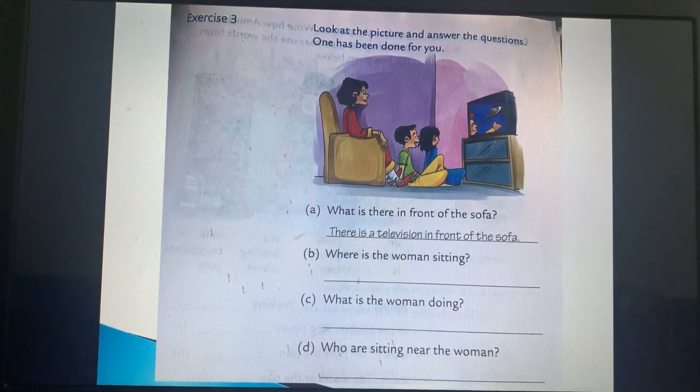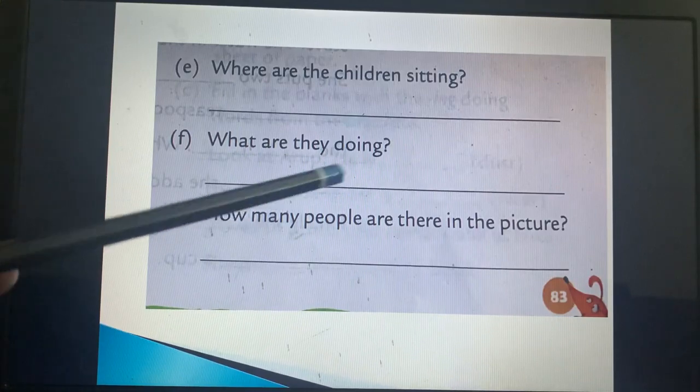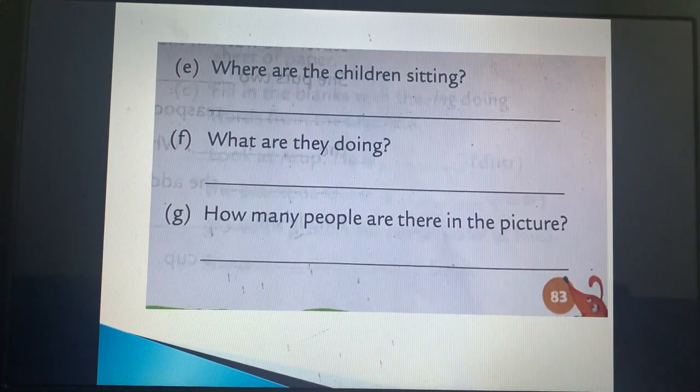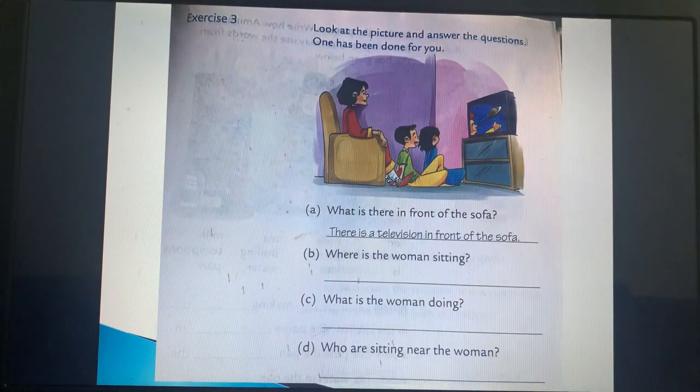What are they doing? Children, बच्चे क्या कर रहे हैं? The children are watching television. How many people are there in the picture? इस पूरी complete picture में कितने लोग हैं? There are 3 people in this picture.